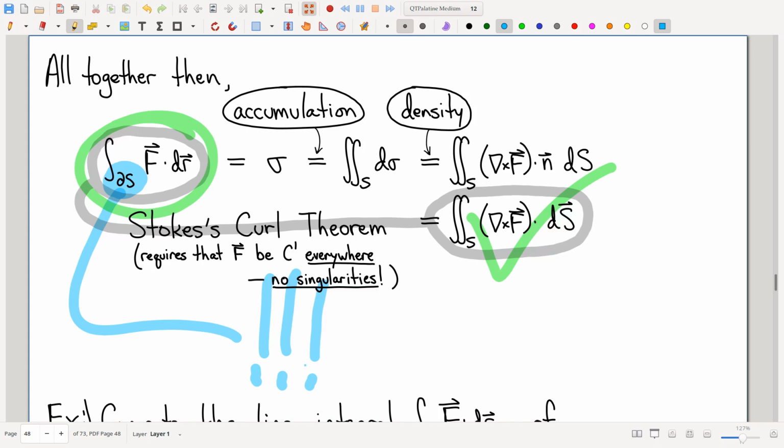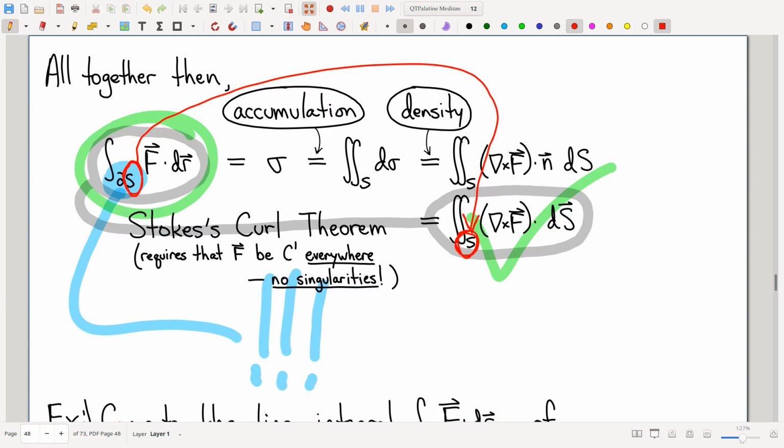If your curve is not a boundary, then it's not a boundary of a surface, which means that there is no surface over which to even talk about a corresponding flux integral. So this is a big problem, right? This is not some little subtle condition that you have to check to make the mathematicians happy. No, this is a big deal.